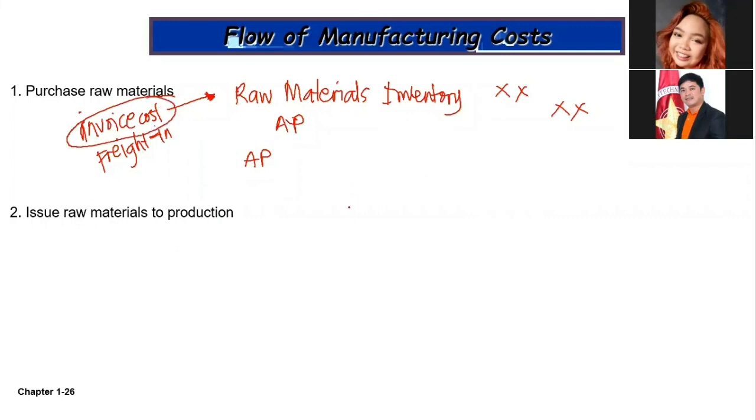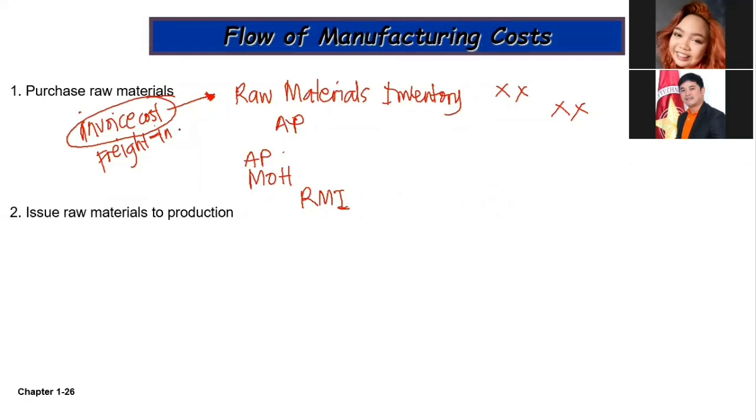Okay? One of the ways in accounting for the freight in, kapag nagkaroon ng return, we debit manufacturing overhead yung portion ng freight in. And then we credit raw materials inventory. Remember kasi, ang madedebit mo lang na accounts payable would be pertaining only to invoice cost.